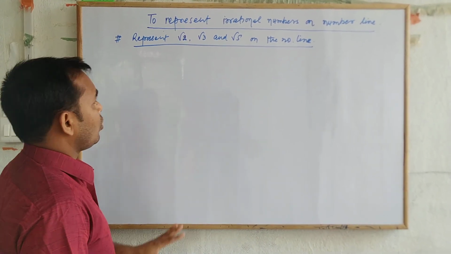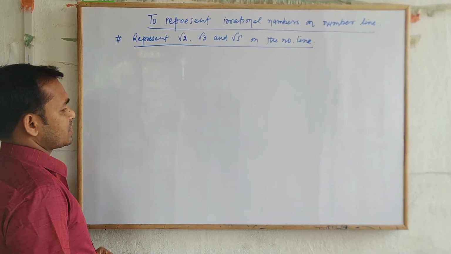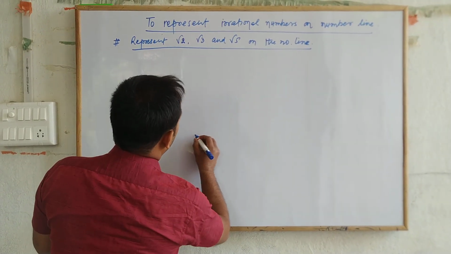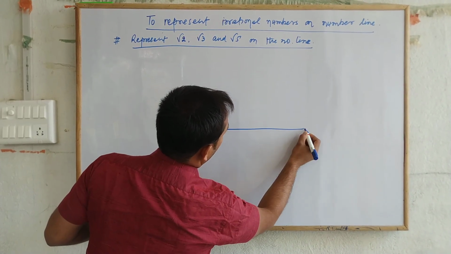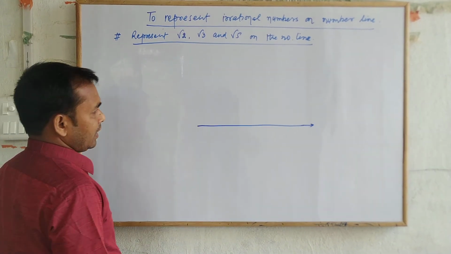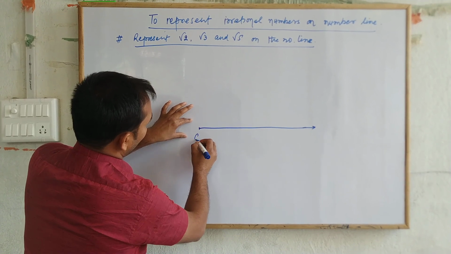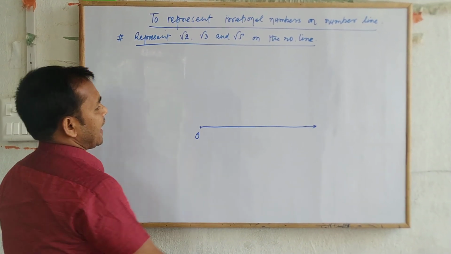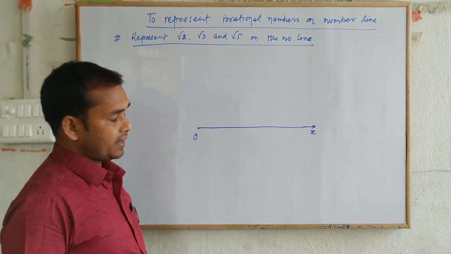Okay, so for drawing the numbers on the number line, first we take a ray and name this point O and this point X. OX is a ray.